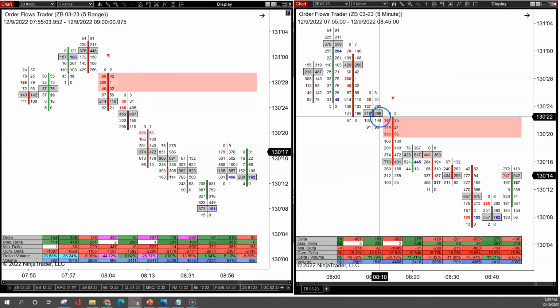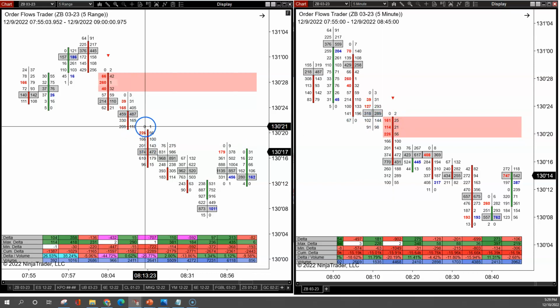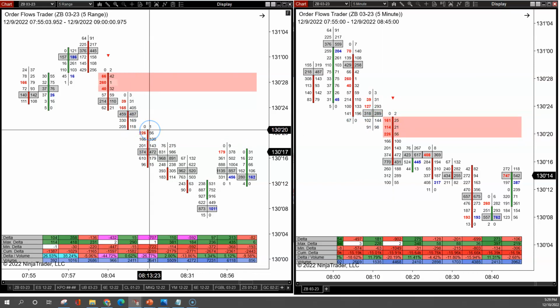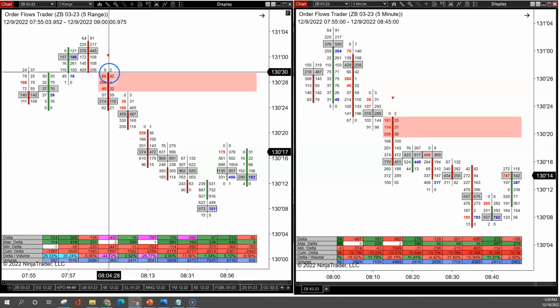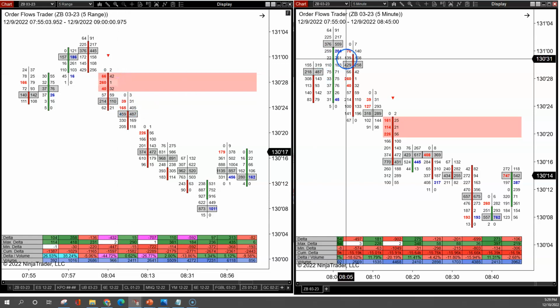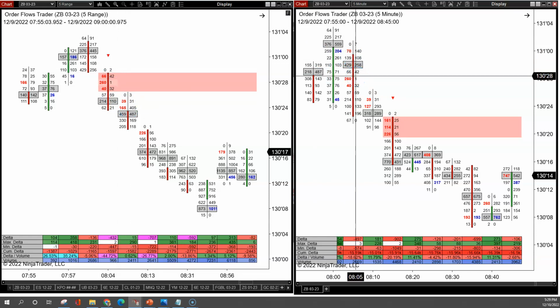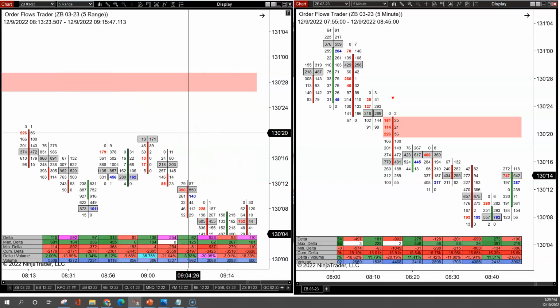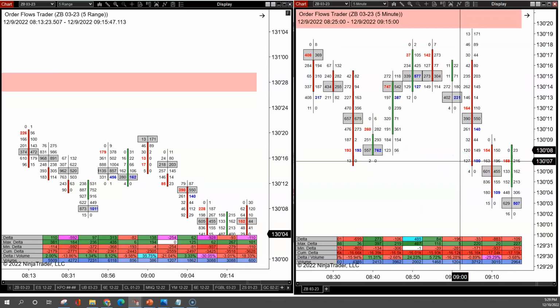It's almost like the top of these two bars combined is kind of what you're seeing. But again, if you're just looking at stacked imbalances, on the range-based chart, it's coming in a little bit quicker. You're not seeing it in here on the time-based chart.